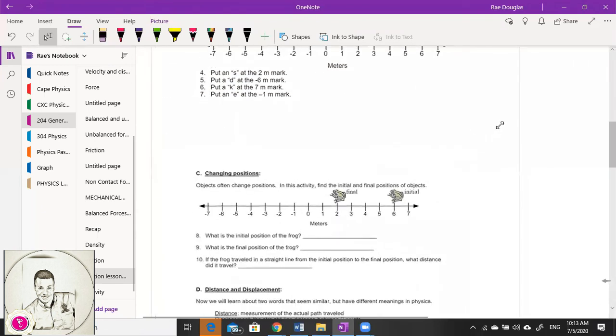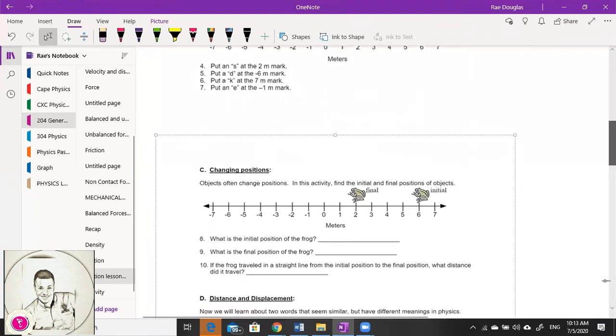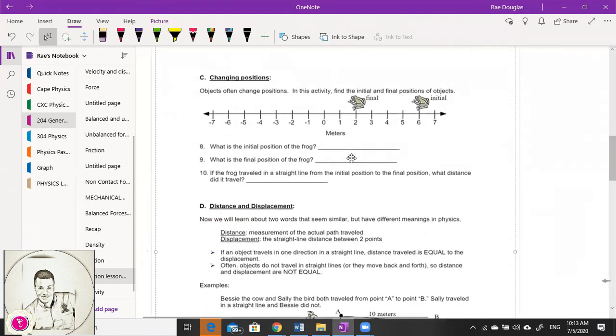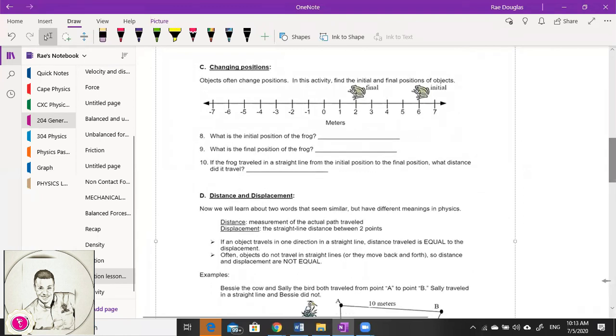Let me see if I had an example for this part first. Oh, this is what I was talking about, seeing position. This one here is talking about position, which is the same thing as distance. Let's see if you can answer that question for me.